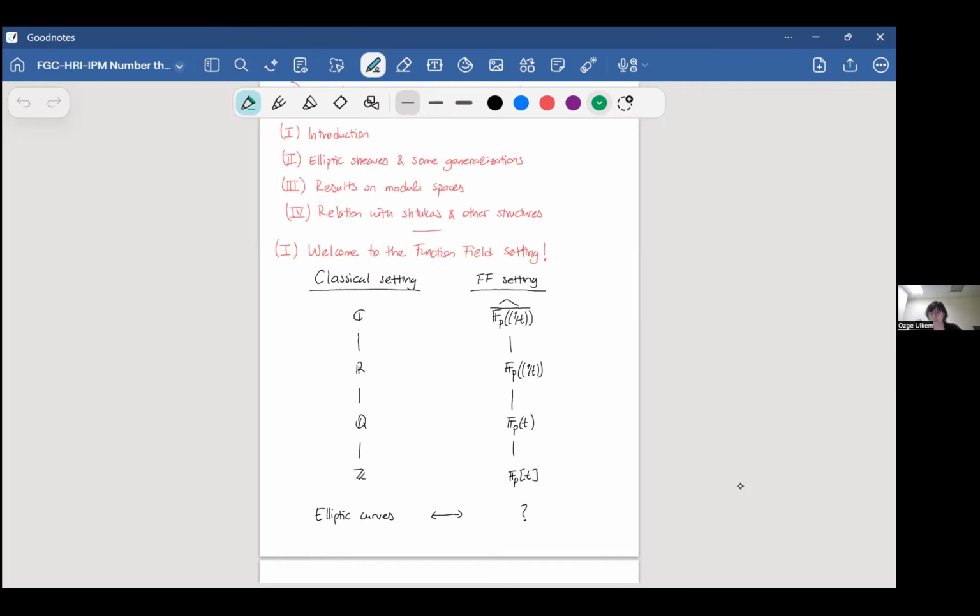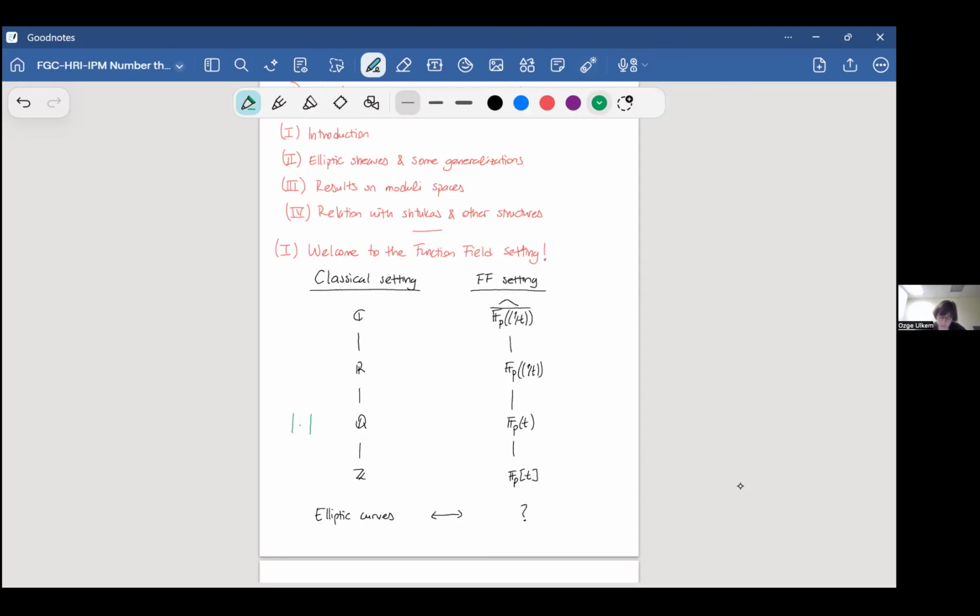So welcome to the function field setting. Maybe you saw this before. We have the classical setting, in which we usually work in number theory. We start with the ring of integers, then we take its field of fractions to obtain Q. Now we consider Q with the usual absolute value, and then we take the completion of Q with respect to this norm, and we get the real numbers.